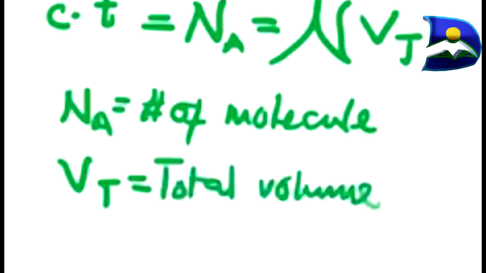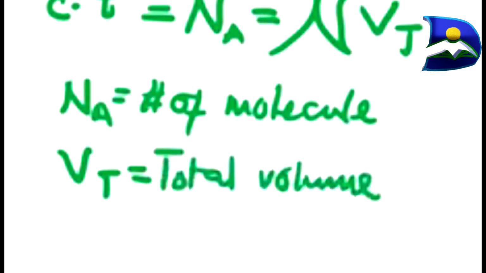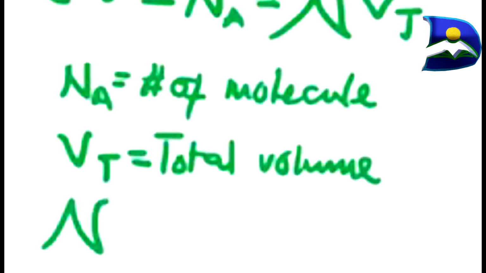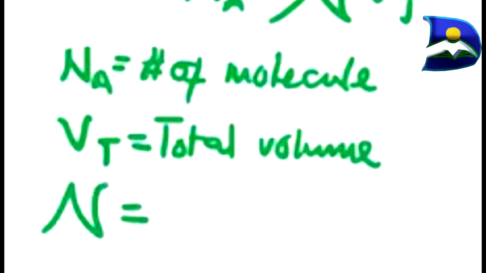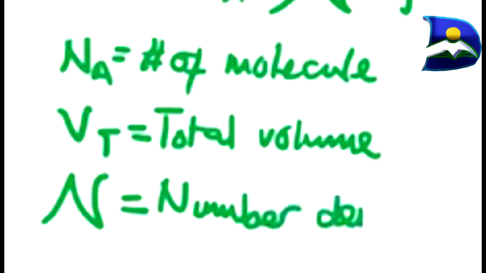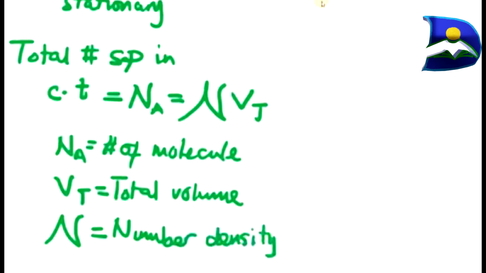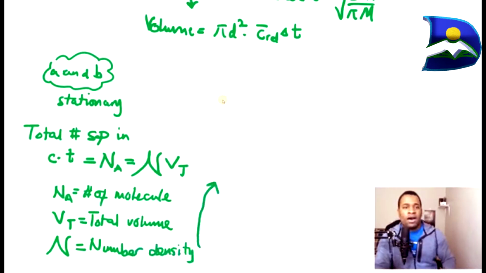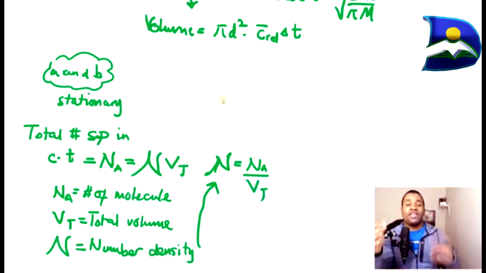And next is that we need to define what this particular symbol is, and this particular symbol actually represents the number density, and the number density as a result is equal to the division of our number of particles by the volume.